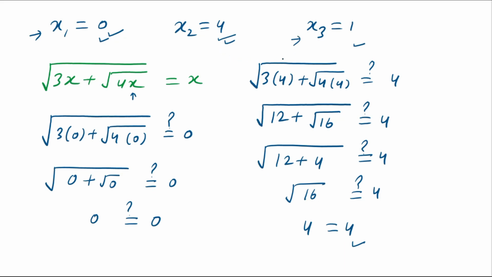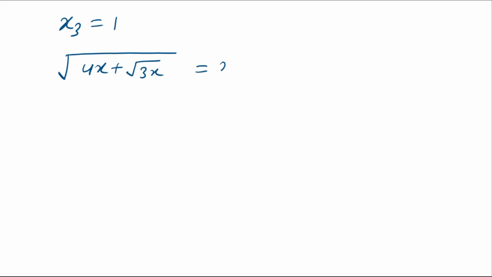Now check x3, which equals 1. The given equation is square root of 4x plus square root of 3x equals x. Substitute x equals 1. Then square root of 4 times 1 plus square root of 3 times 1 equals 1.